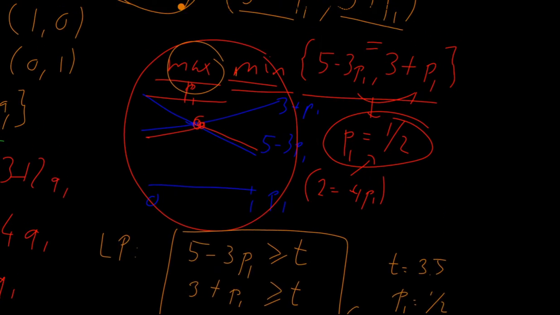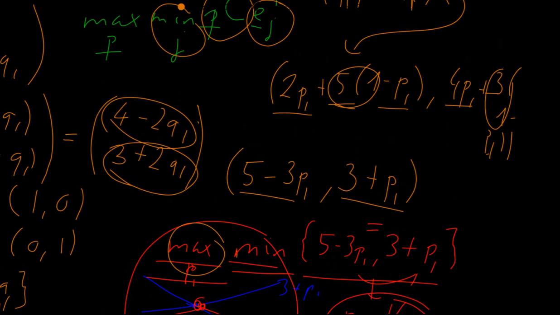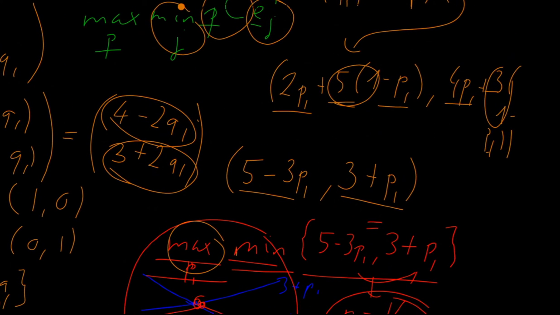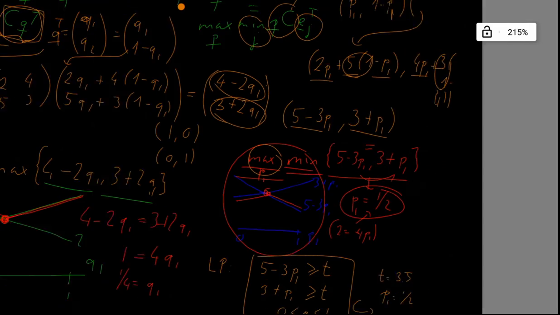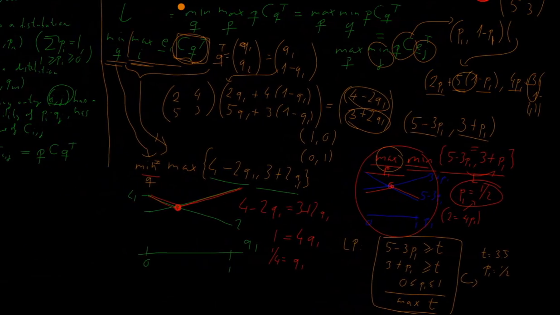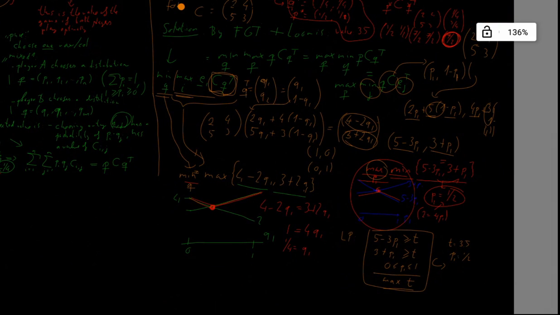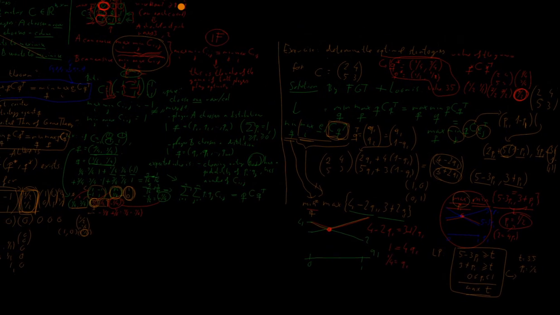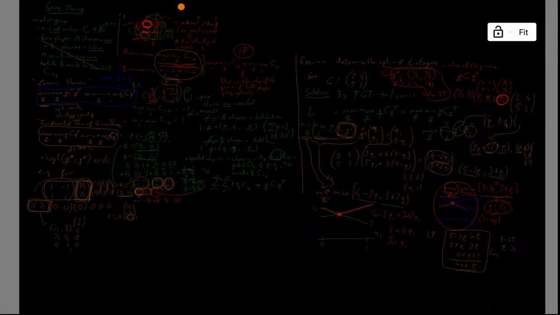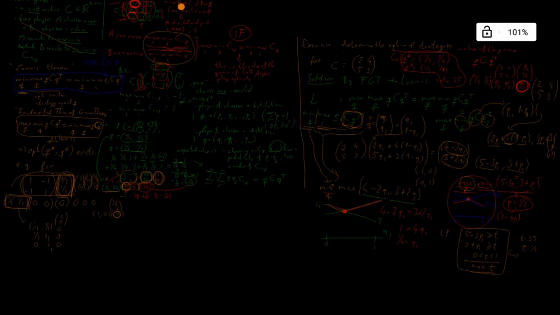It's good enough if you just leave it as p1, p2 and feed it to the solver, because the solver doesn't really care whether there is one more variable or not. So it's just n variables or n minus 1. It doesn't really matter if n or m is large enough.